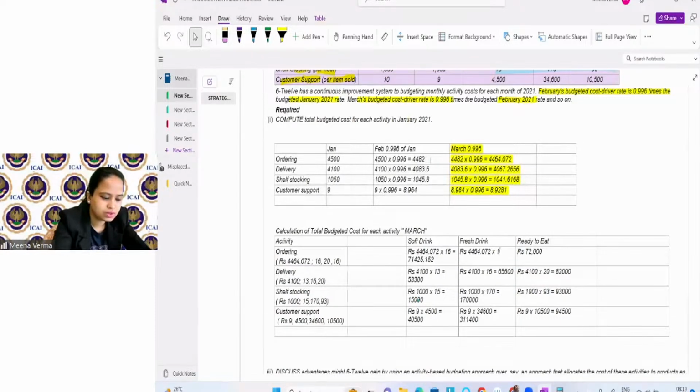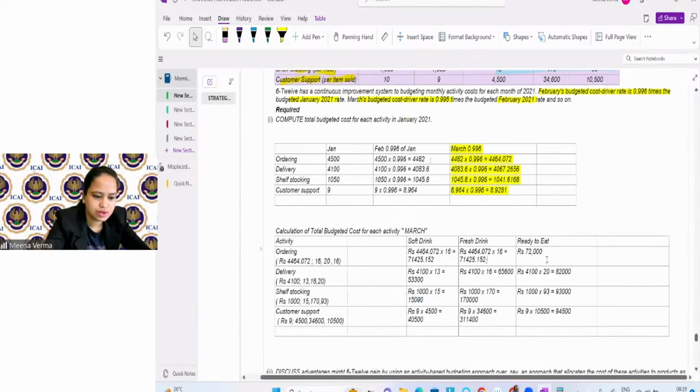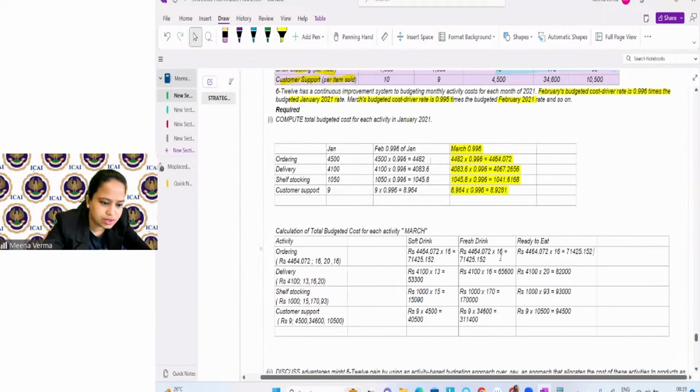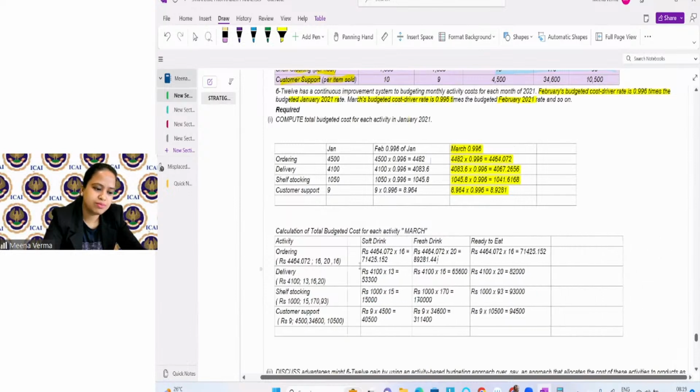Into 16 is equals to this value. 4464.072 into 16, not 16. What was the value? Here the value will be what? 20. All right. So in this way, you can calculate it. Simple.